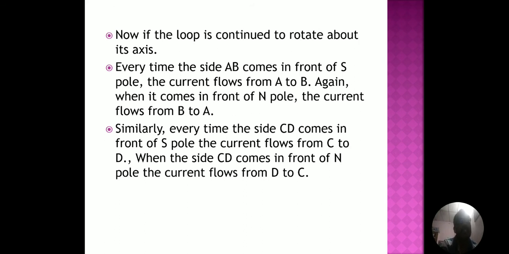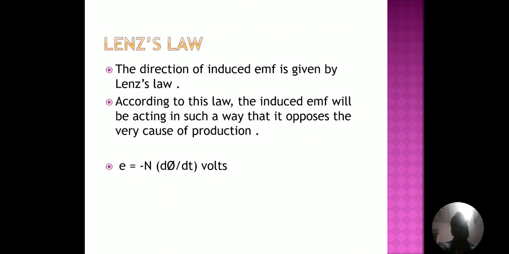Every time the side AB comes in front of the south pole, the current flows from A to B. Again, when it comes in front of the north pole, the current flows from B to A. Similarly, every time the side CD comes in front of the south pole, the current flows from C to D. When the side CD comes in front of the north pole, the current flows from D to C.